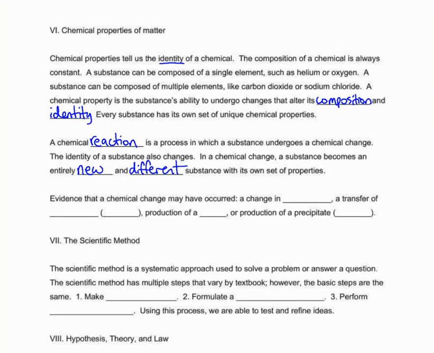Well, I don't know yet. It looked like something changed. Was it a chemical change? Was it a new substance? No. Was it a different substance? No. It was just changing its state. A chemical reaction, we get something that is completely new and completely different.